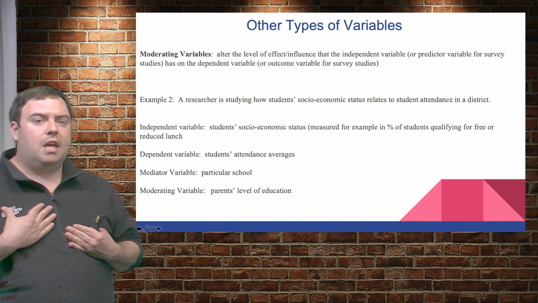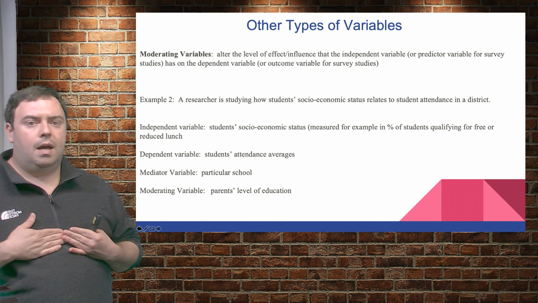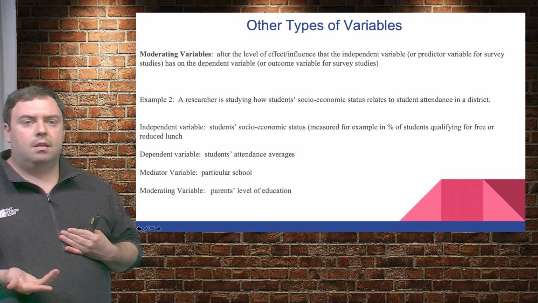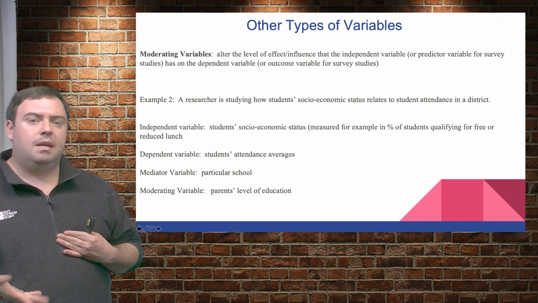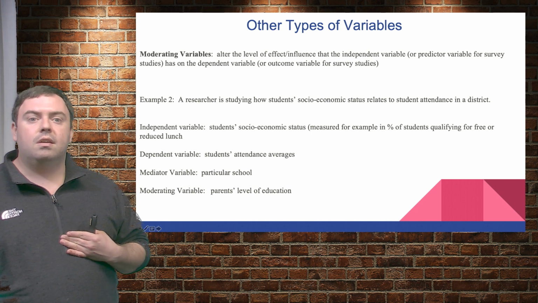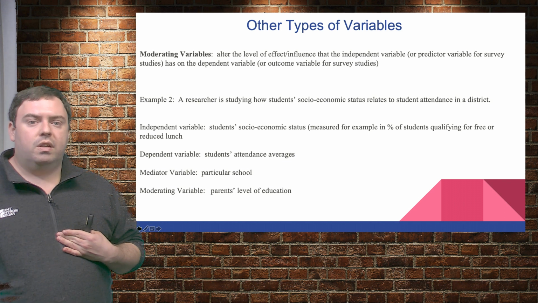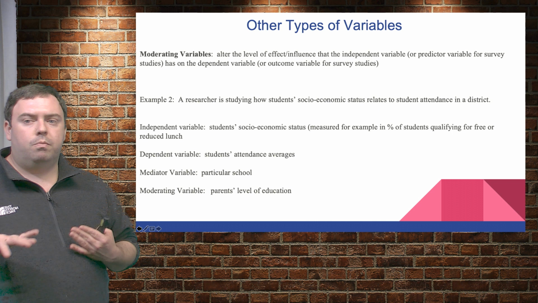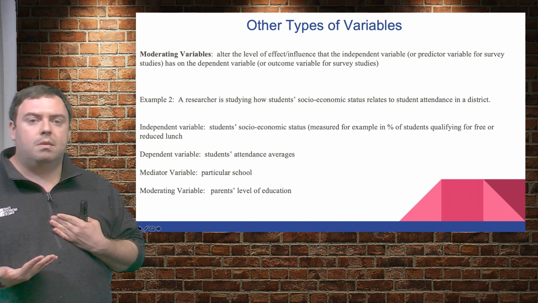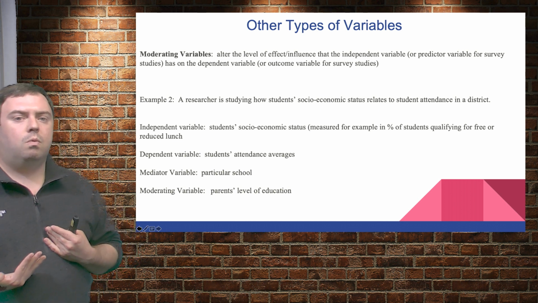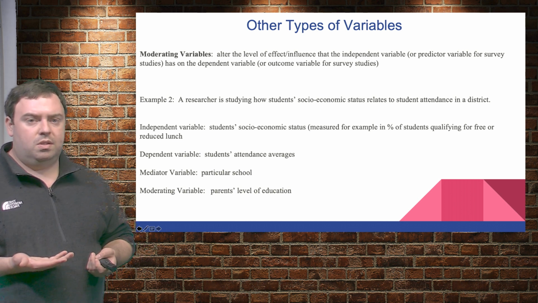That's not going to be changed by whether or not students attend school in that district. A student's socioeconomic status will be consistent in the sense that it will be determined before we measure the relationship between the two.